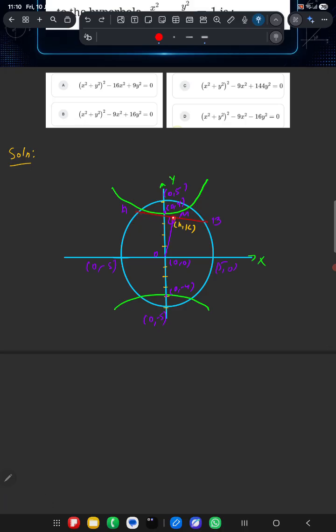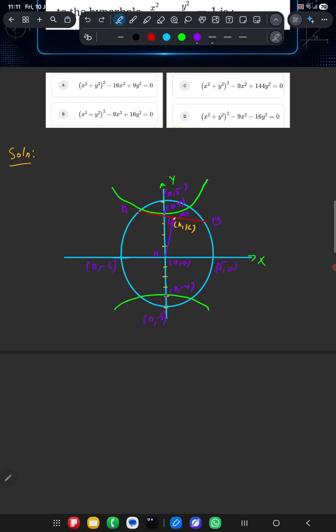Its midpoint is somewhere at M (h, k), and this is the center of the circle, and this is one chord which is tangent to this hyperbola whose midpoint is (h, k). Similarly, many chords are possible which may be tangent to this hyperbola, and their midpoints will also be there, and those midpoints will follow a certain curve that we don't know actually, but we have to find that curve. Okay, this is the question.